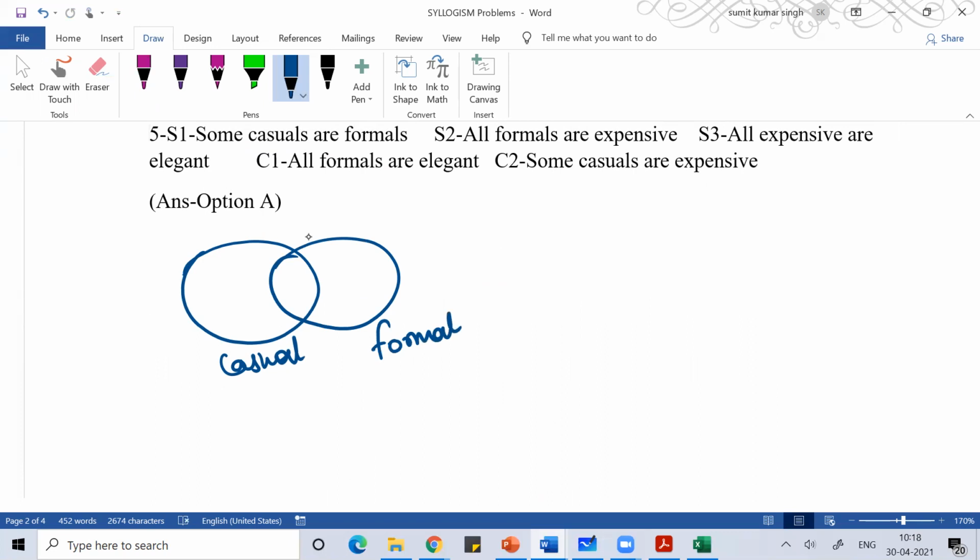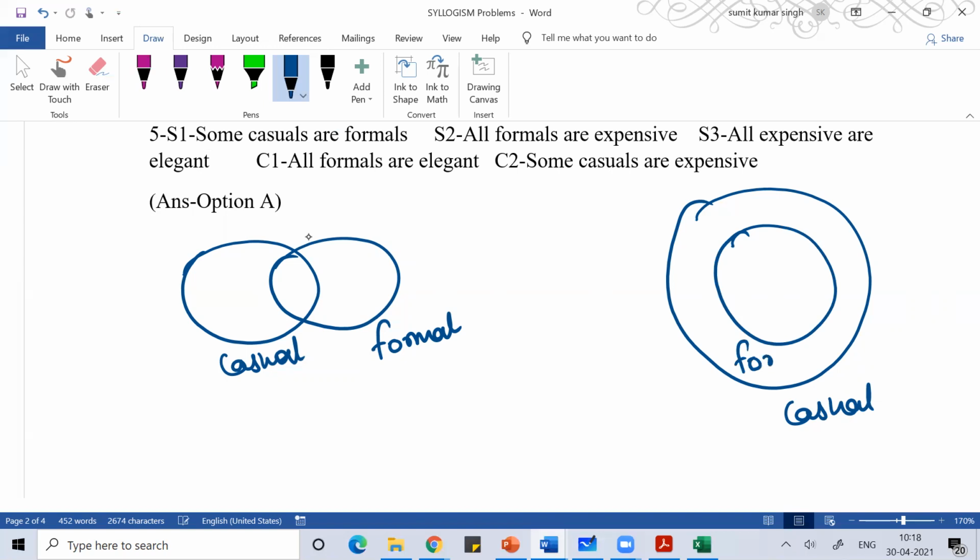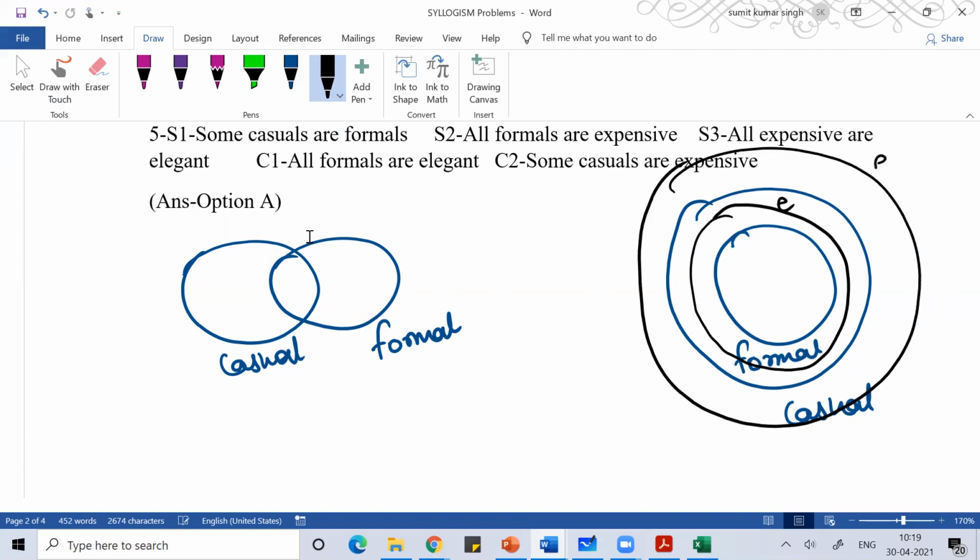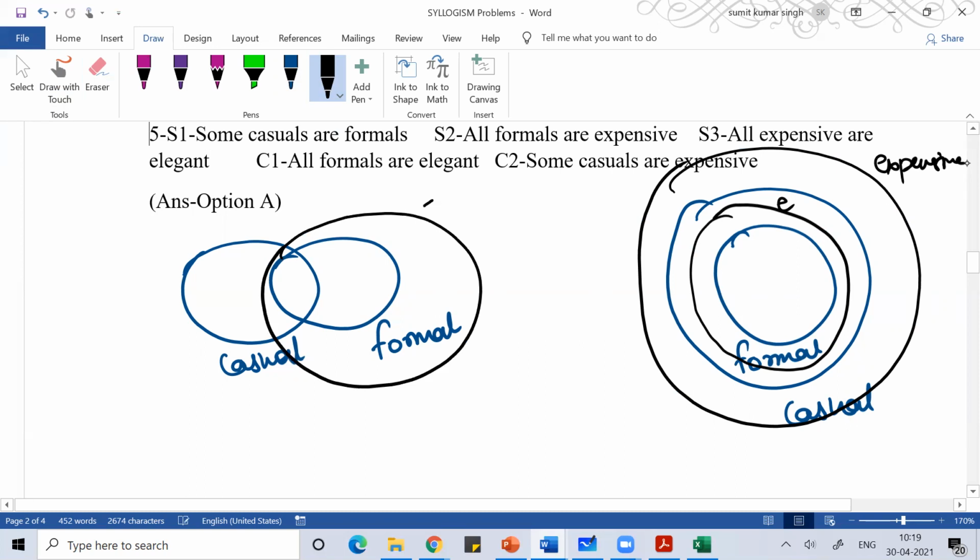Then all formals are expensive. The diagram can be like this: all formals are expensive.